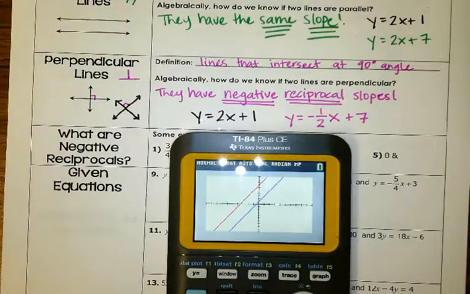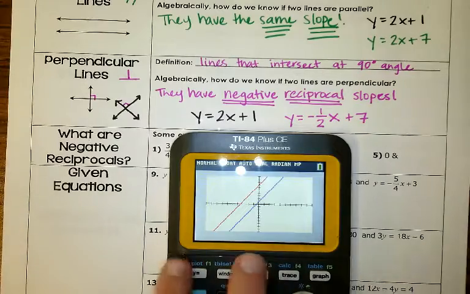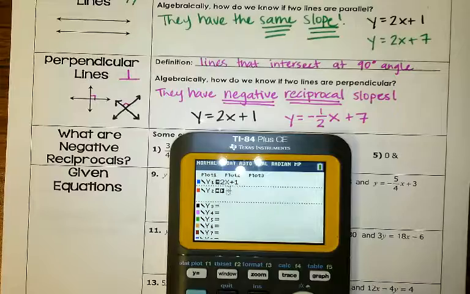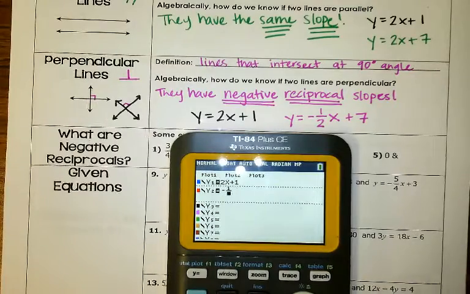You can see, yes, they are truly parallel. Okay? Now, in my calculator, I'm now going to graph my perpendicular lines. I'm still going to do 2x plus 1. And then I'm going to put in alpha y equals, let's see here, negative 1/2 x plus 7.